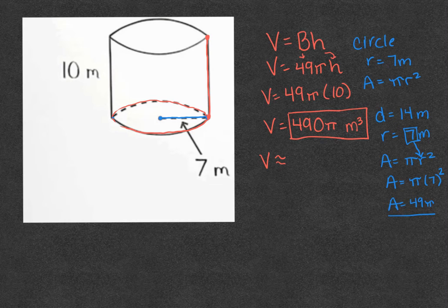Now remember that pi is estimated to 3.14. And so that'll give me an estimated volume of 1,538.6 meters cubed. So just keep that in mind.